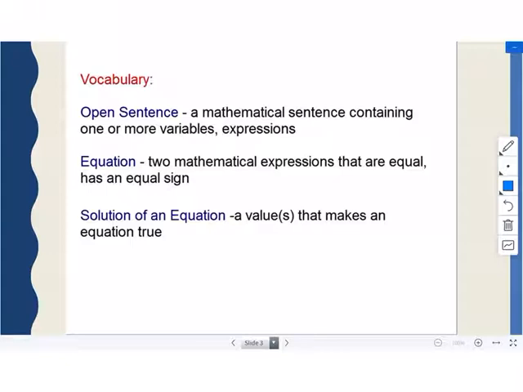An equation must contain an equal sign. And a solution is any value that makes an equation true.